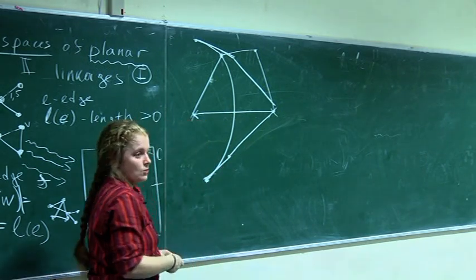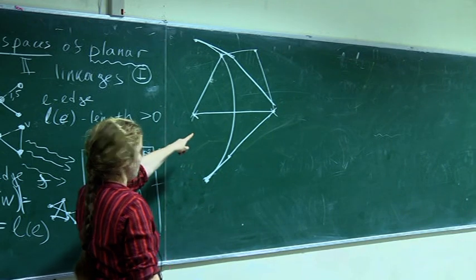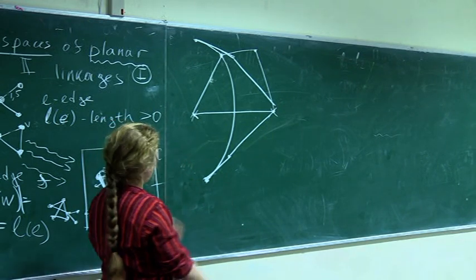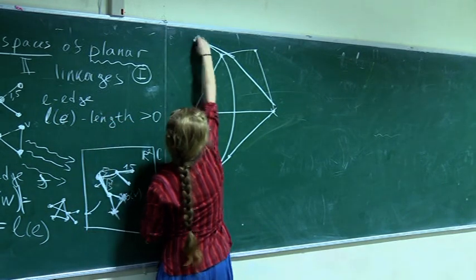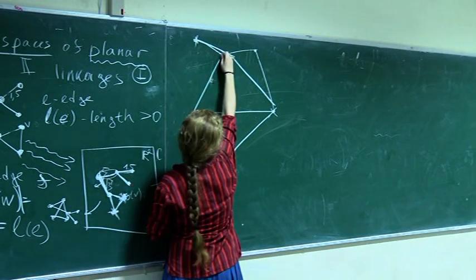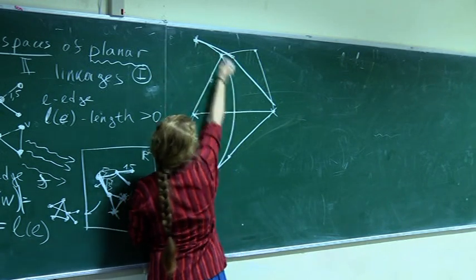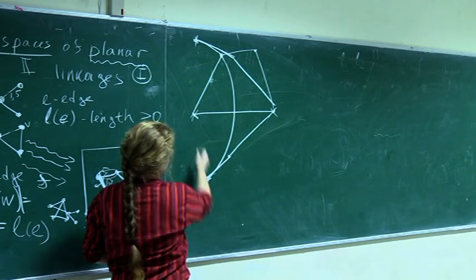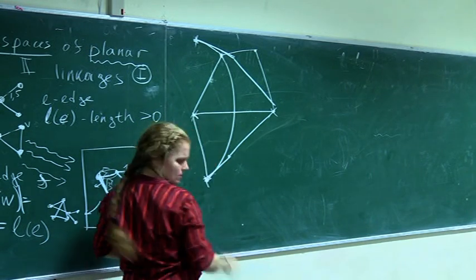So who can tell me what is the configuration space of such a quadrangle? This point can travel on a segment from one configuration like this to another.